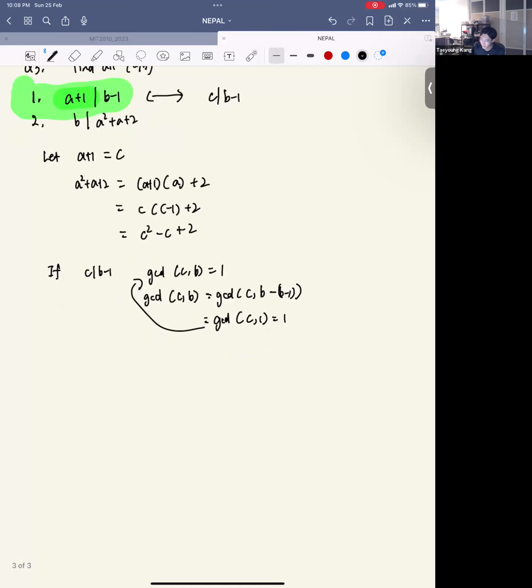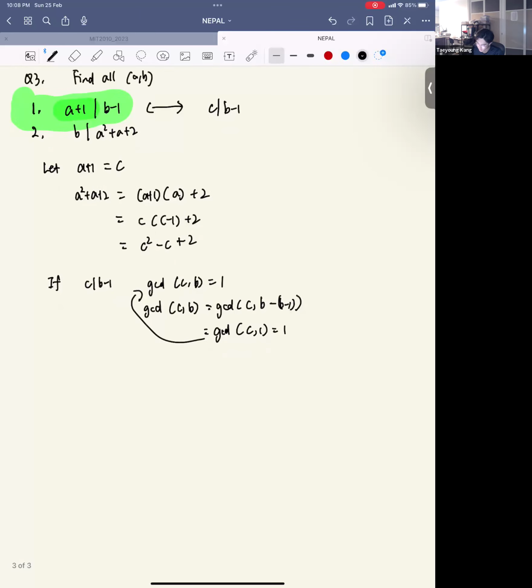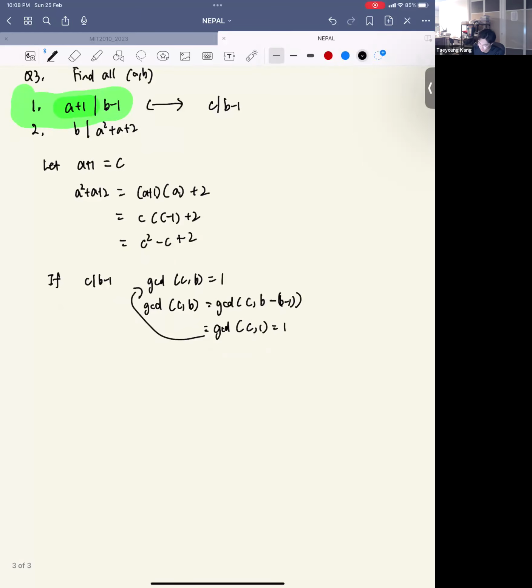And at the same time, we notice that we have the condition B divides C squared minus C plus 2, right? And we want to somehow make it such that C also divides the expression over here.